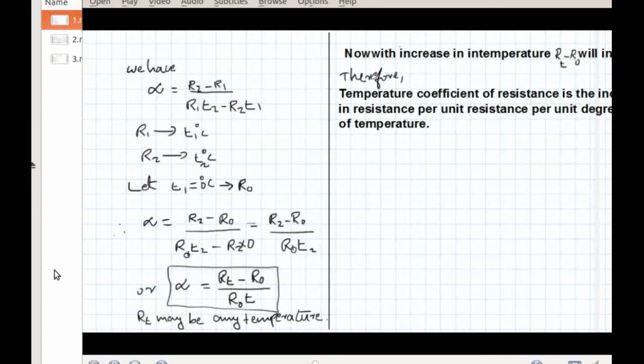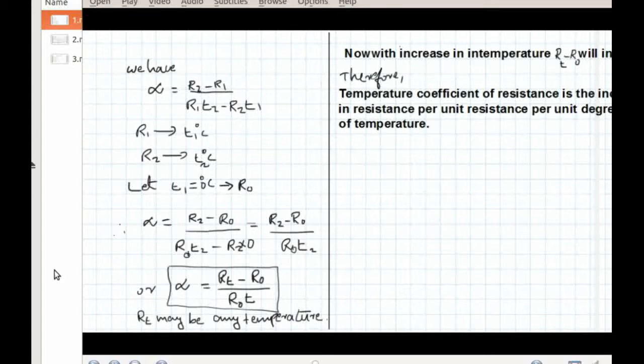Now in this equation, as the temperature increases, the value of RT minus R0 will increase, because as the temperature increases, resistance will increase. R0 is the resistance for 0 degree Celsius. But with the increase in the temperature T, there will be an increase in the value of RT, the resistance at T degree Celsius.